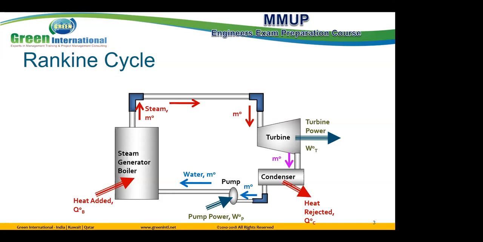The boiler is the part for heat added. The turbine is the part for energy produced, and the condenser is the part for heat rejection. The pump is the part to increase the pressure of the water from the low pressure side to the high pressure side.